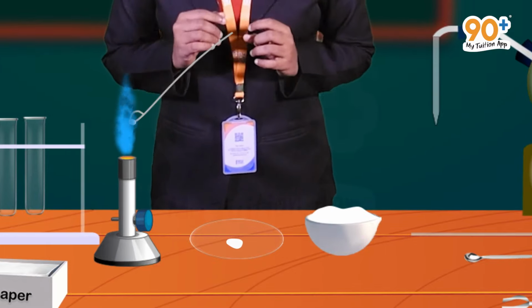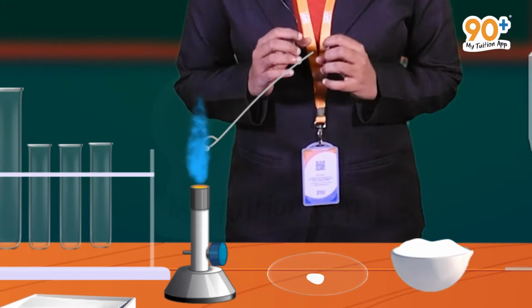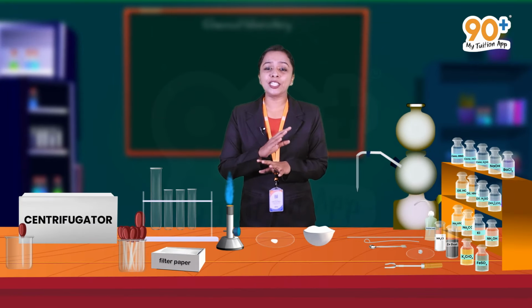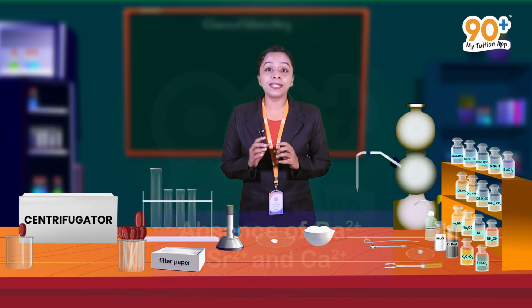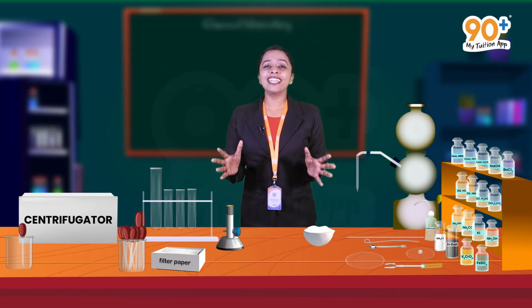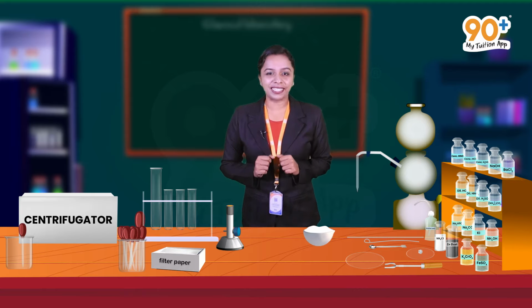Then, note the color of the flame. Friends, can you observe any change in the color of the flame? No, right? This means there is no characteristic observation and it shows the absence of barium ion, strontium ion and calcium ion. So these steps that we have conducted are called preliminary examination.